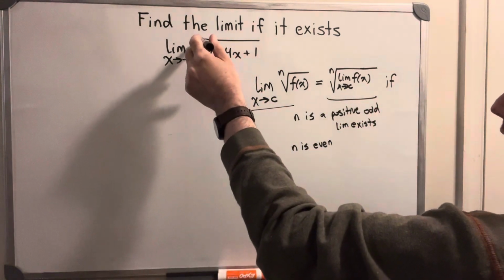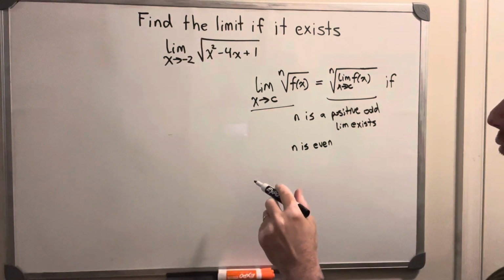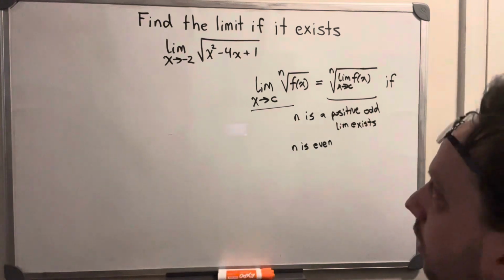First of all, let's look at this. Basically, when there's no number shown, we know that that's the square root where n is equal to 2.